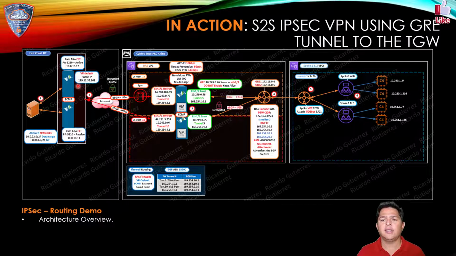So let's say session 1, from this computer to connect to the web server or the load balancer, will go through this IPSec tunnel. And then let's say I refresh the connection, and then session 2 will go over this other IPSec tunnel into this other firewall.